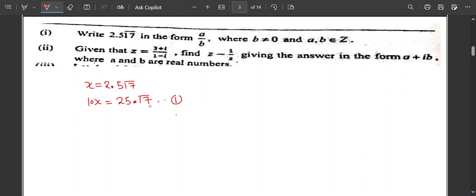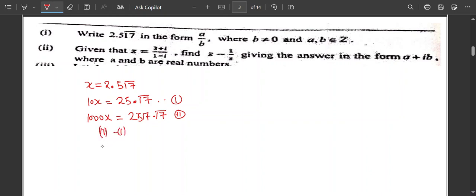When you multiply by 100, here it will be 1000x, which is equal to 2517.17 bar. This will be our equation 2. So you subtract 1 from 2, so that the repeating parts cancel to 0.